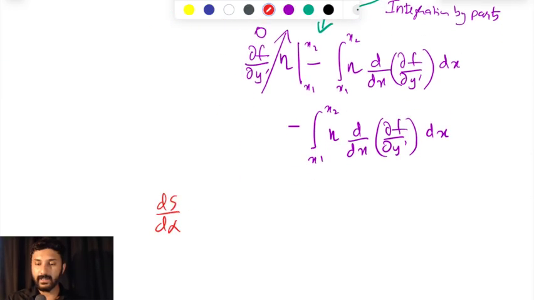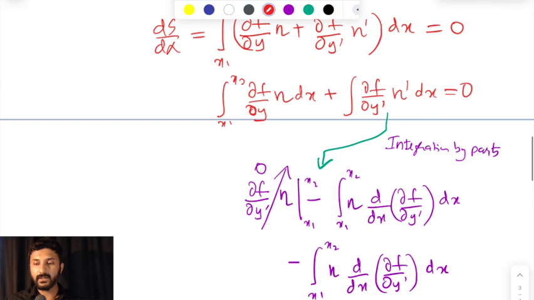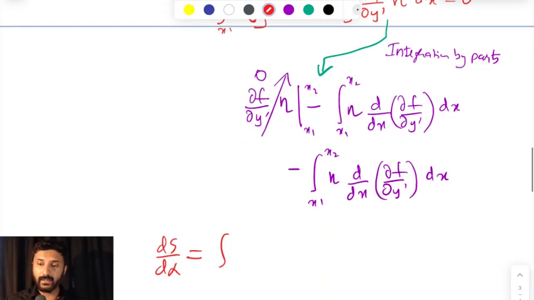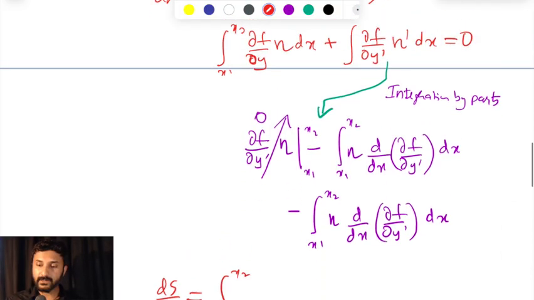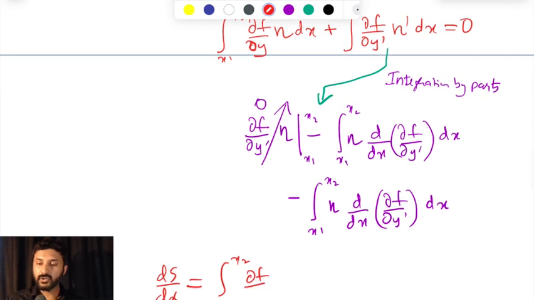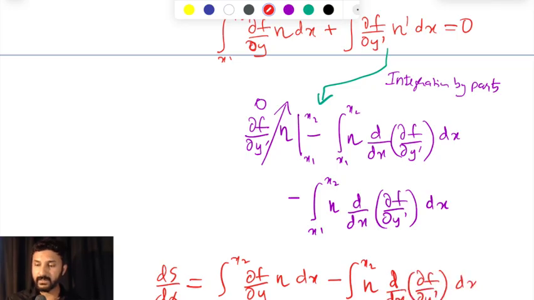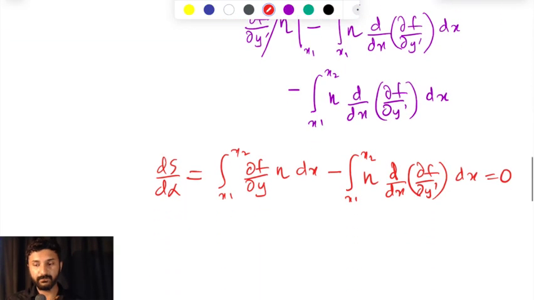We get ds by d alpha is going to be the integral from x1 to x2 of dou f by dou y eta dx, and here this comes with a minus sign, minus eta d by dx of dou f by dou y dash dx, and all of this should be equated to 0.